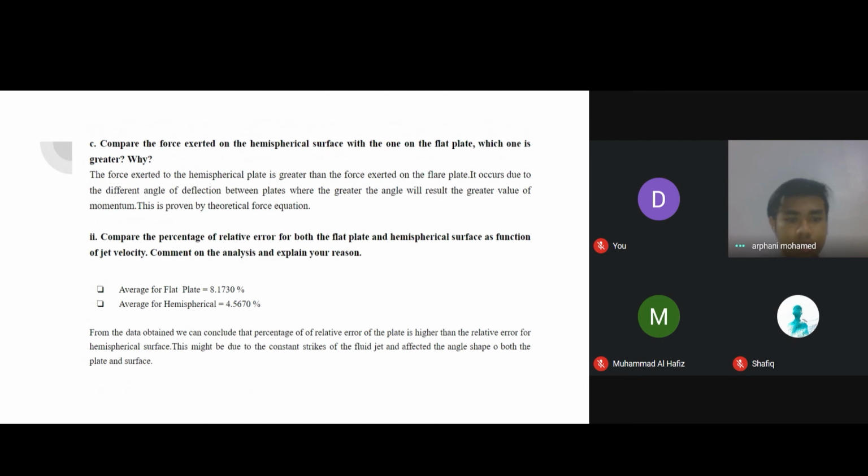This is calculated from the average FM, which is force measured, minus average theoretical. So we got this percent. From the data obtained, the relative error of the flat plate is higher than the relative error for the hemispherical surface, due to the constant strike of the fluid jet, which affected the angle shape of both the plate and surface. Next slide.